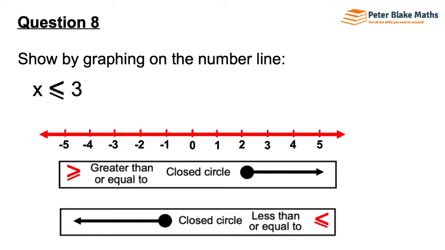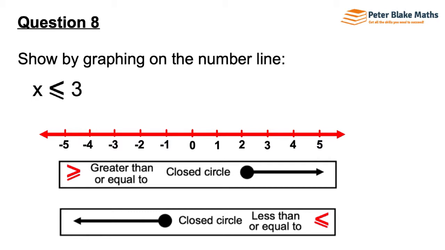as providing a little bit of extra ink to fill in the open circle to make it a closed circle. So anytime you see a greater than or equal to sign or a less than or equal to sign, just think to yourself in a fun way that you've got extra ink to fill in the circle. And the arrows point the same direction as the inequality sign, if the X is written first, of course.